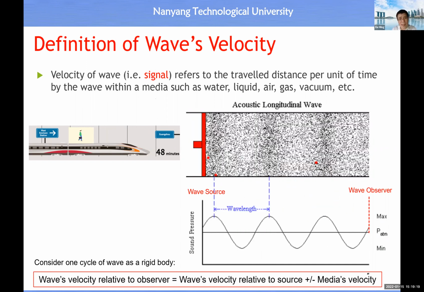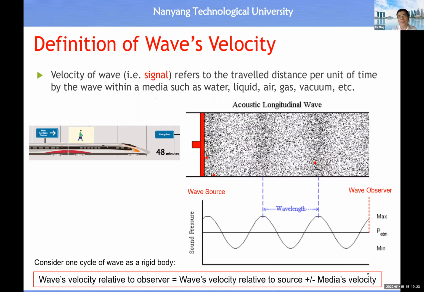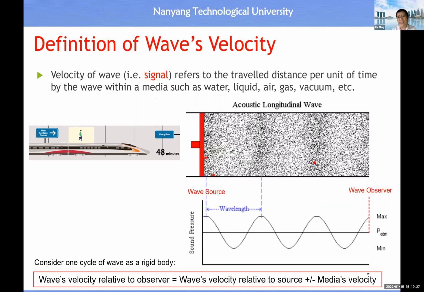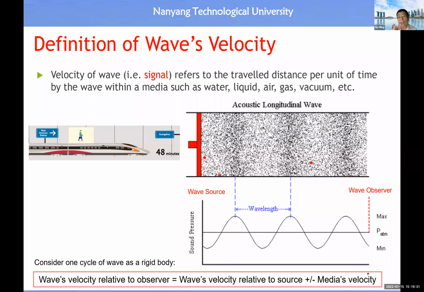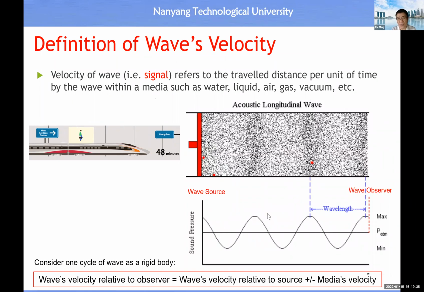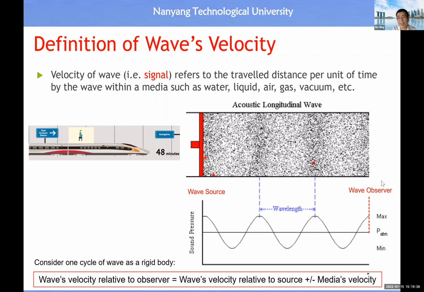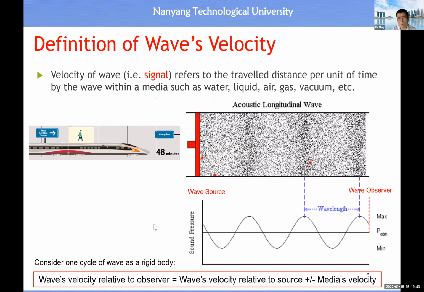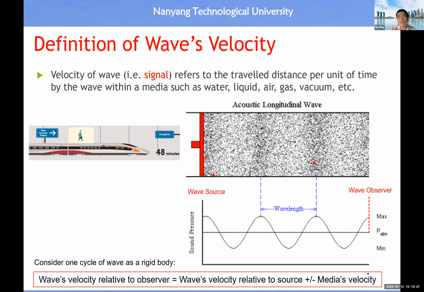One phenomenon about the wave velocity should be quite straightforward to you. Here we consider one cycle as a rigid body. In this diagram, consider this a rigid body. Then we have a wave source line and a wave observation line. Sound wave can only travel inside a medium.